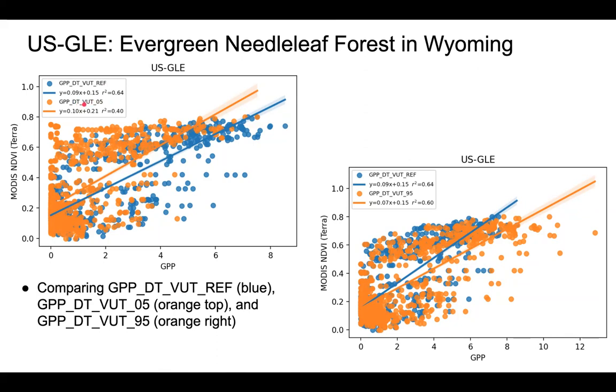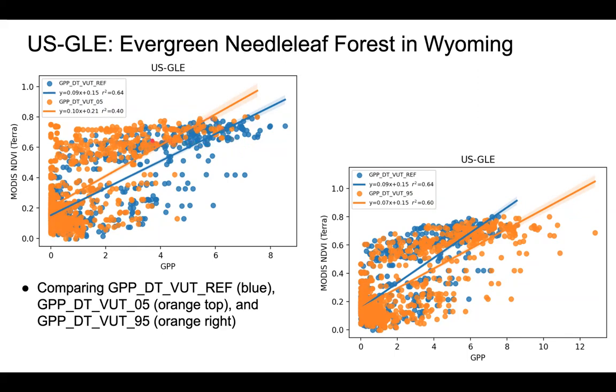On the top right plot, we have the 5th percentile for GPP, and at the bottom right, we have the 95th percentile for GPP. We can see that the explanation power for these two is fairly comparable.